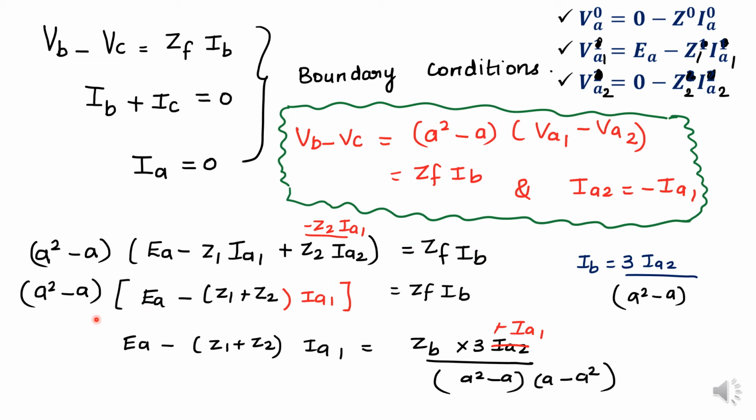So A square minus A into EA minus Z1 plus Z2 into IA1 equals ZF into IB. So instead of IB, I substitute the value 3 IA1 divided by A square minus A, giving ZF into 3 into IA1 divided by A minus A square, and bring the A square minus A to this side.